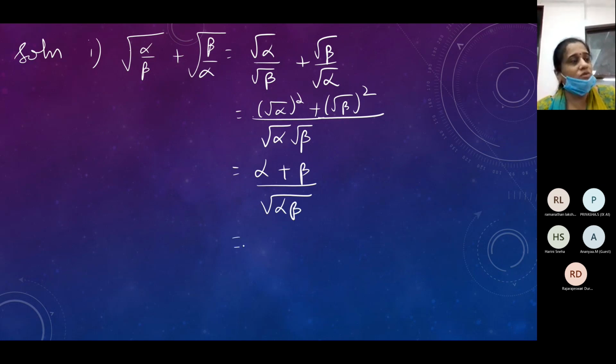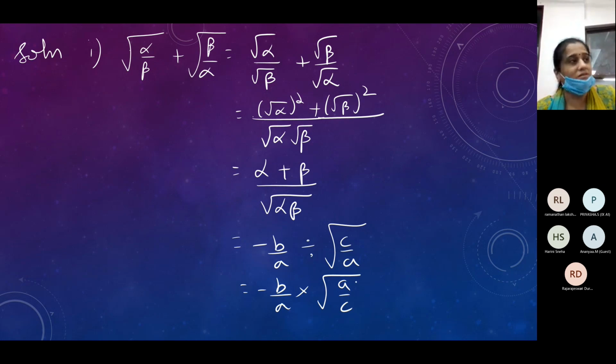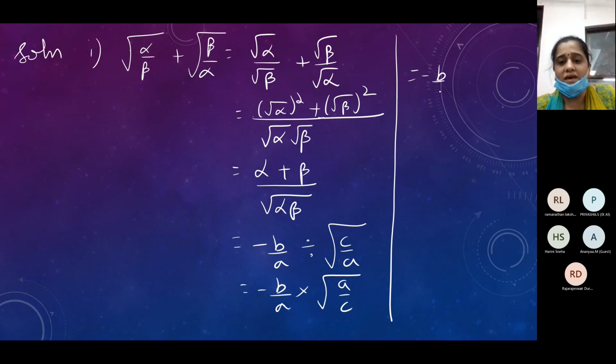Now we know the values of alpha plus beta and alpha beta. So alpha plus beta is minus b by a, divided by root of alpha beta, which is c by a. Now division, multiplication. So we need to take the reciprocal here, root of a by c. Next, minus b by a into root a by root c is equal to minus b root a by a root c.